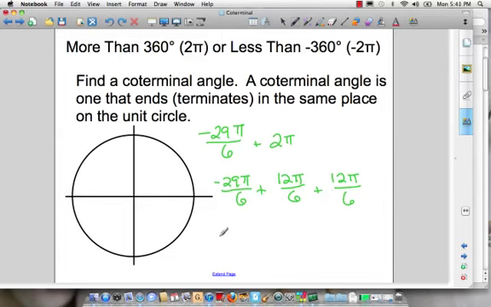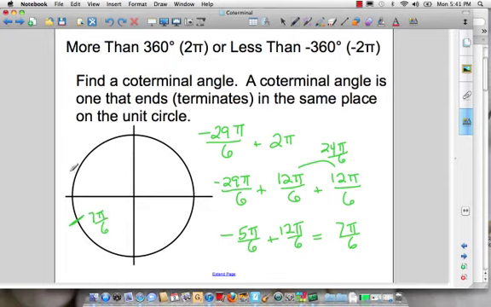And you're going to get negative, because this is 24 pi over 6, which is essentially 2 complete revolutions, and I would get negative 5 pi over 6. Now from here, if you want to add another 12 pi over 6, you would then be at 7 pi over 6, and if you check your unit circle, 7 pi over 6 is right about here.